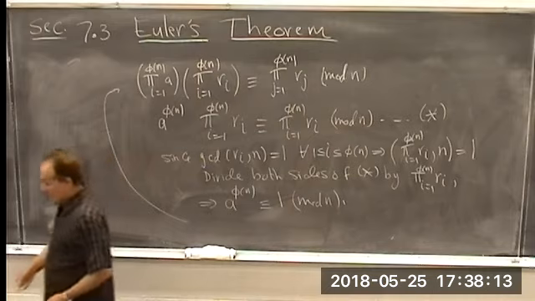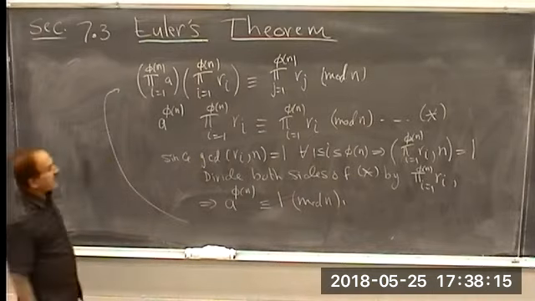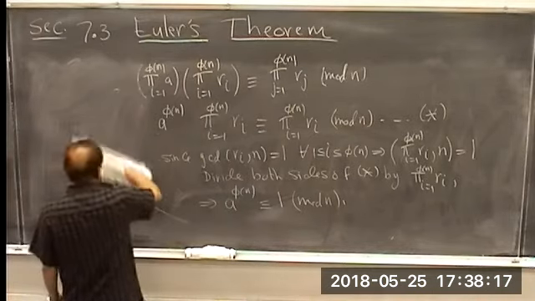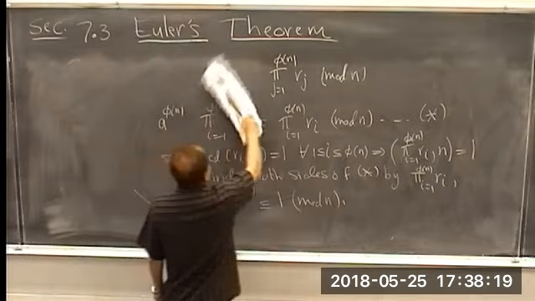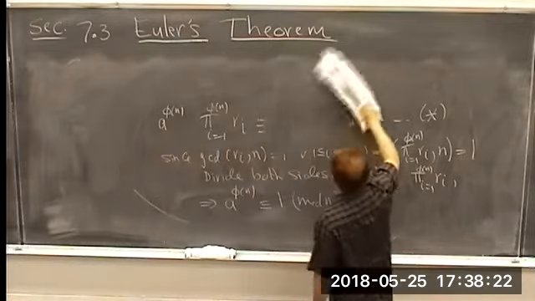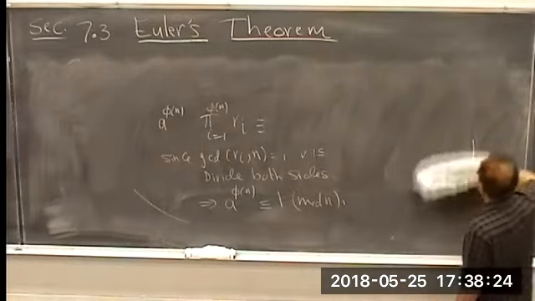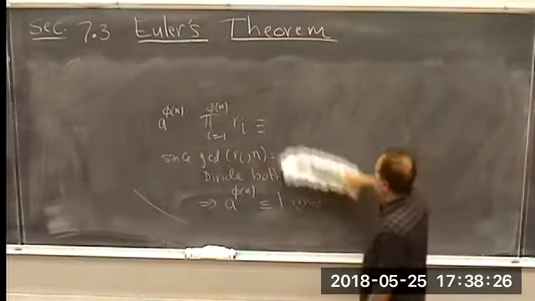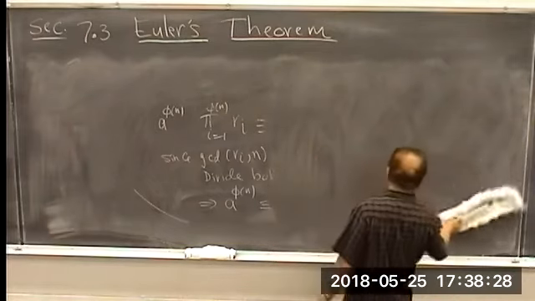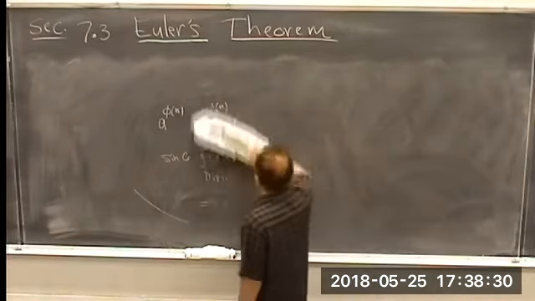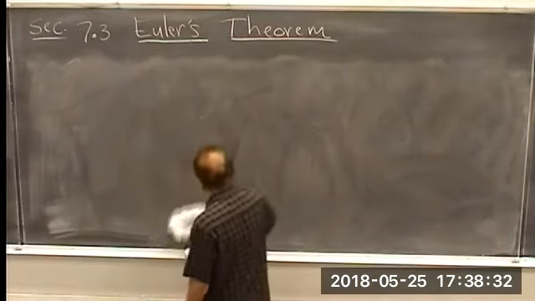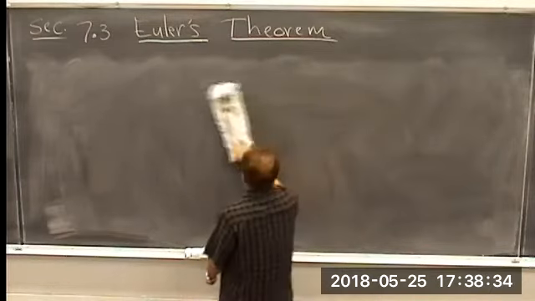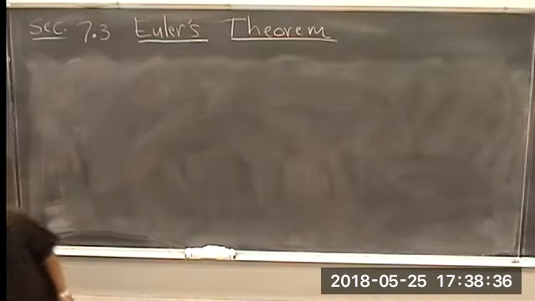Now, we can prove Fermat's theorem as a corollary to this. And this is actually the advantage of this proof. It does not use Fermat's theorem, whereas the second proof is going to be using Fermat's theorem as part of the proof, but this one doesn't. So we can say that it follows as a corollary.